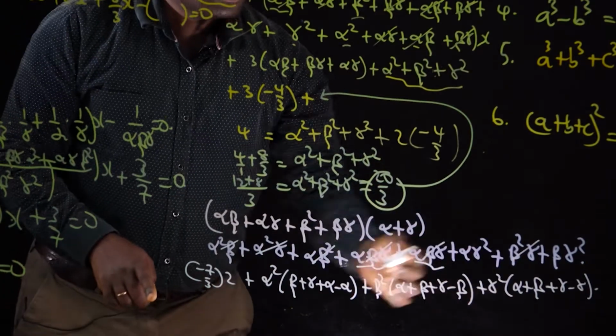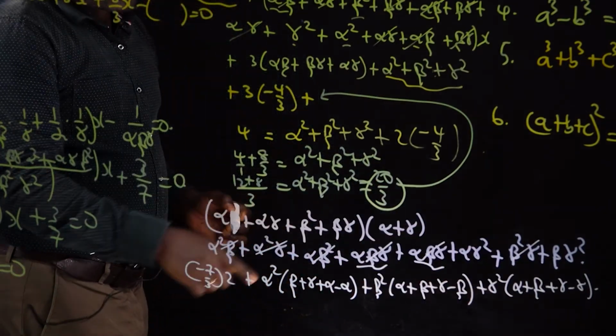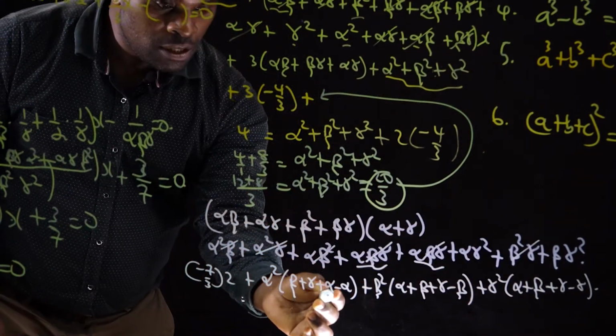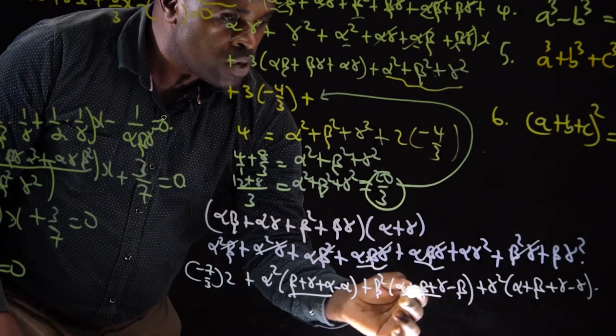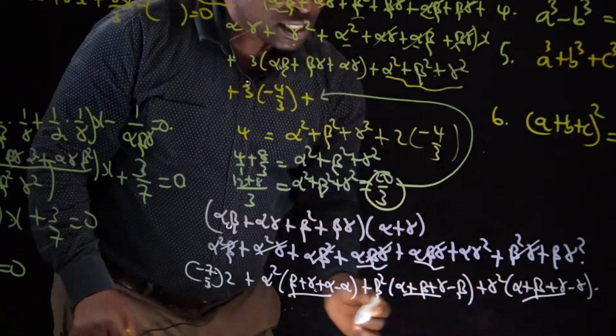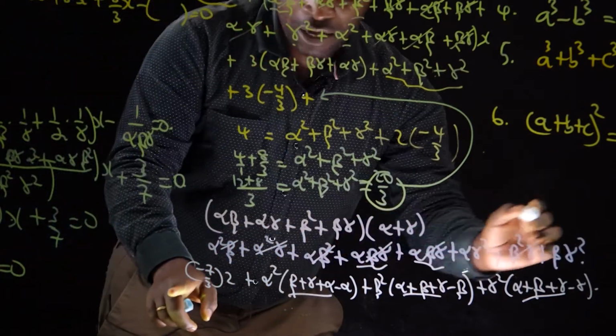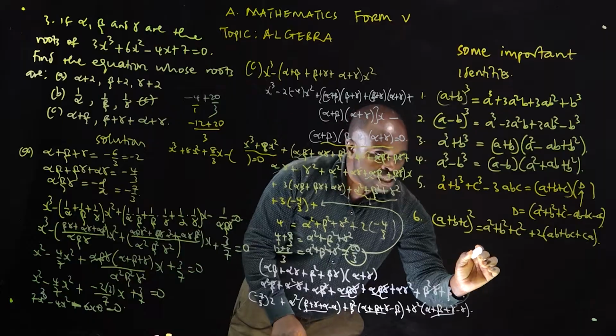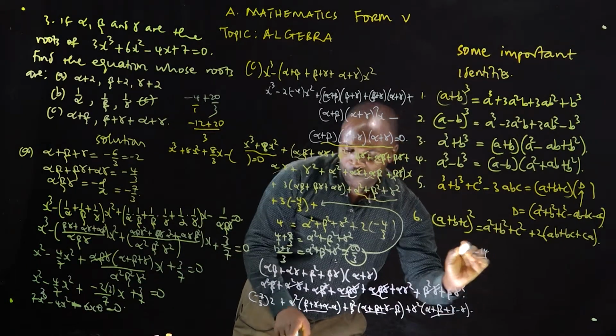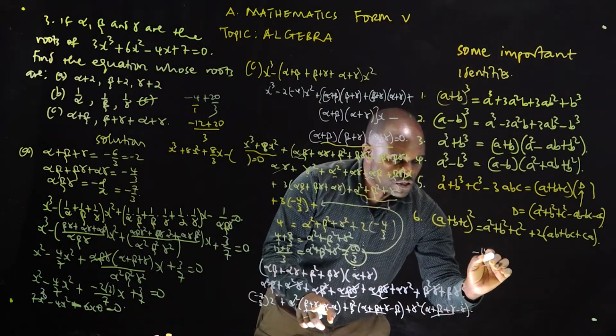Using this trick, you can set these as a common factor. So with common factor, you'll have negative 14 over 3. This one we have taken outside.